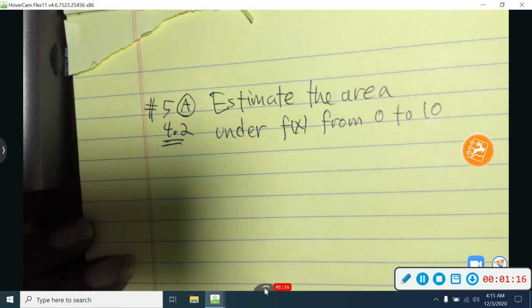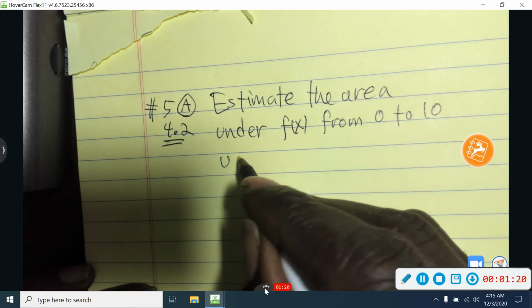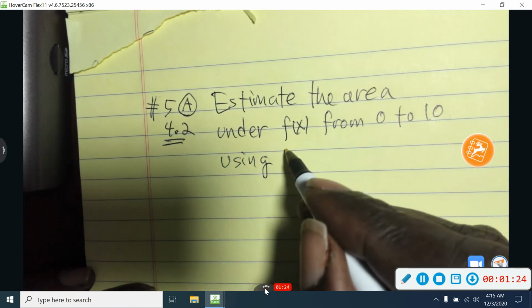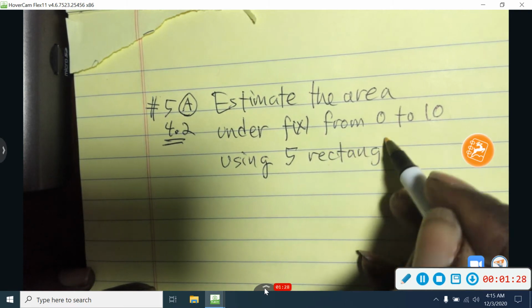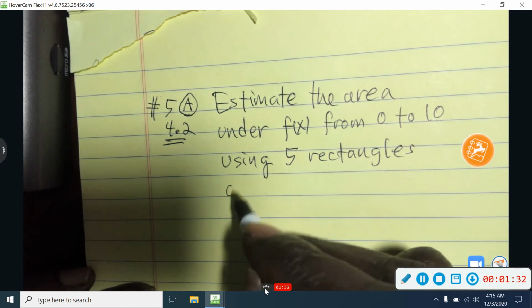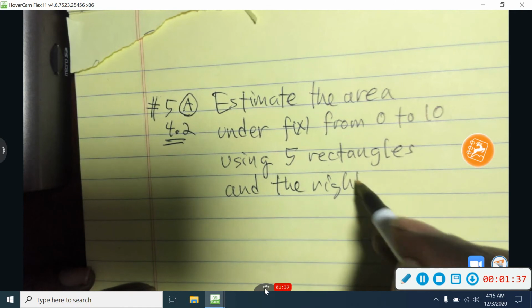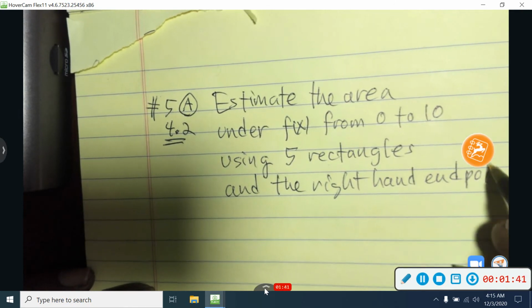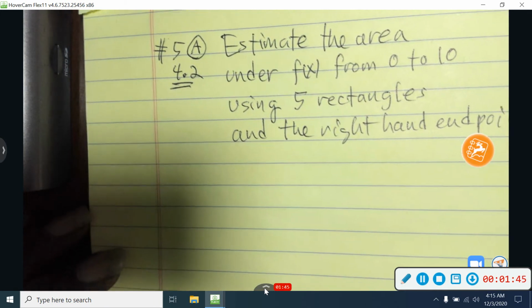Okay? Using 5 rectangles and the right-hand endpoints. Okay? Then it gives you a picture.